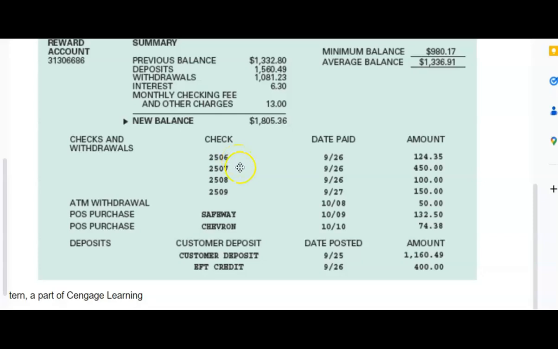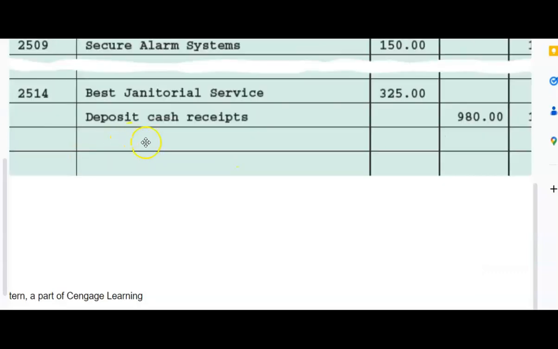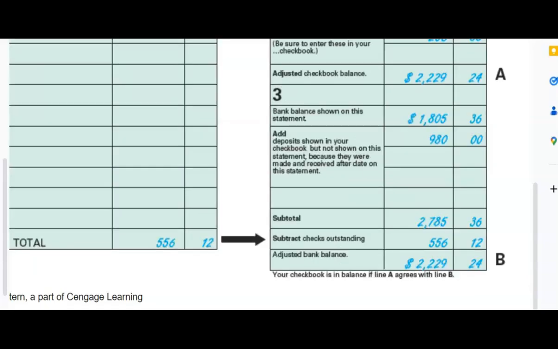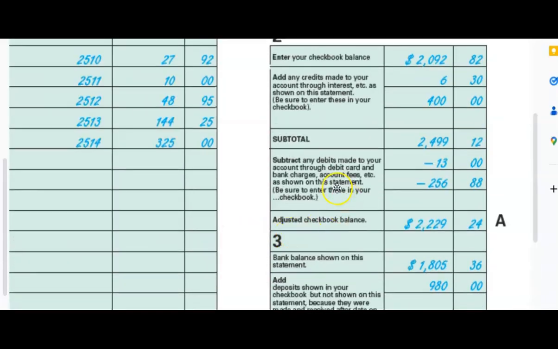We have checks 2506 to 2509, but check number 2514 wasn't recorded in our bank statement. So we wouldn't put a check mark next to that last check that was written, 2514.